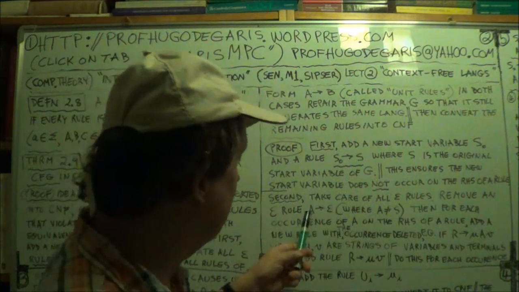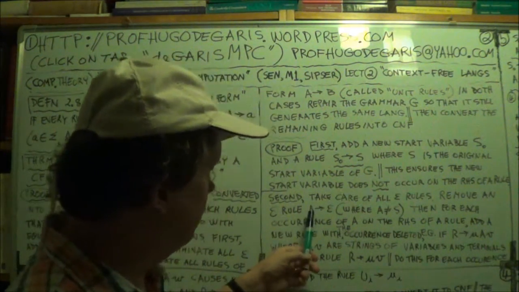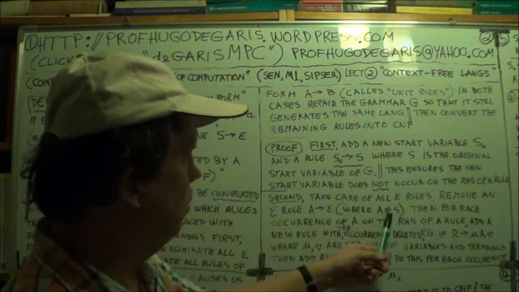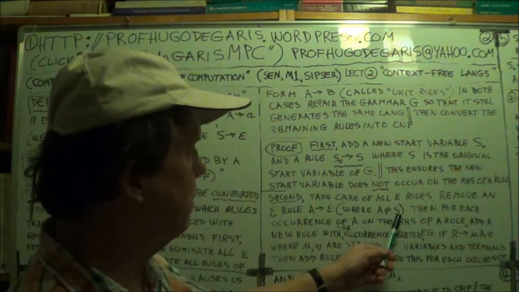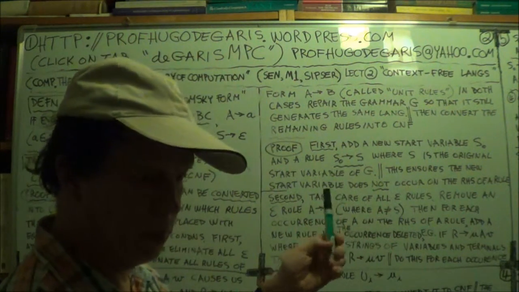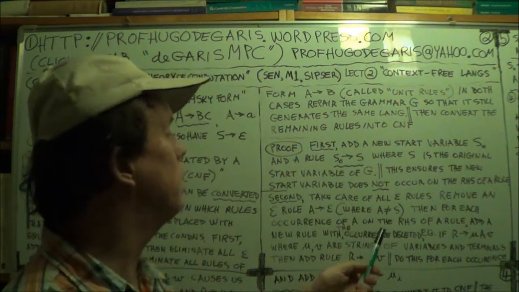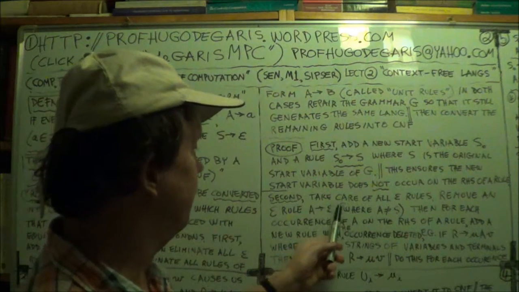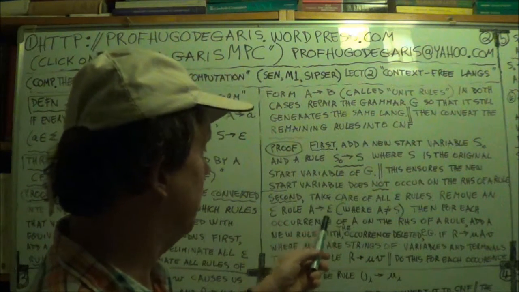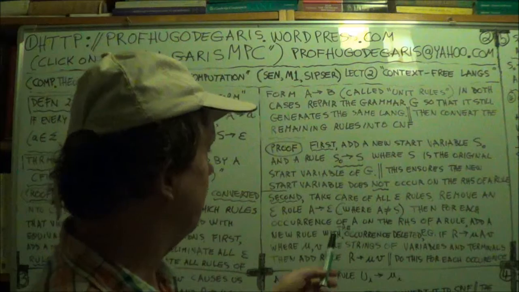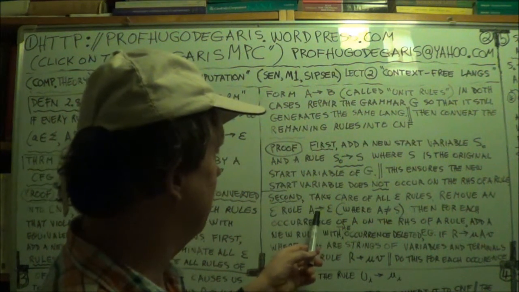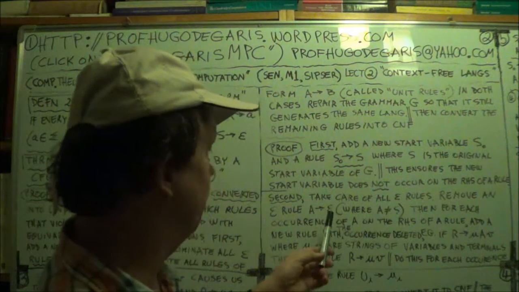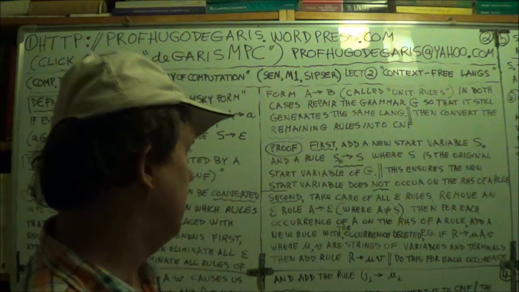Now, the variable on the left hand side is not to be the start variable S. Remember, S is the start variable of your old grammar G. So you don't throw out something of the form S arrow epsilon.